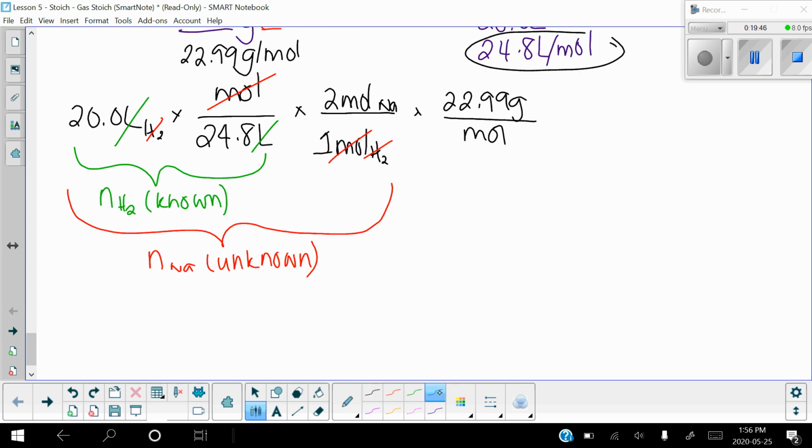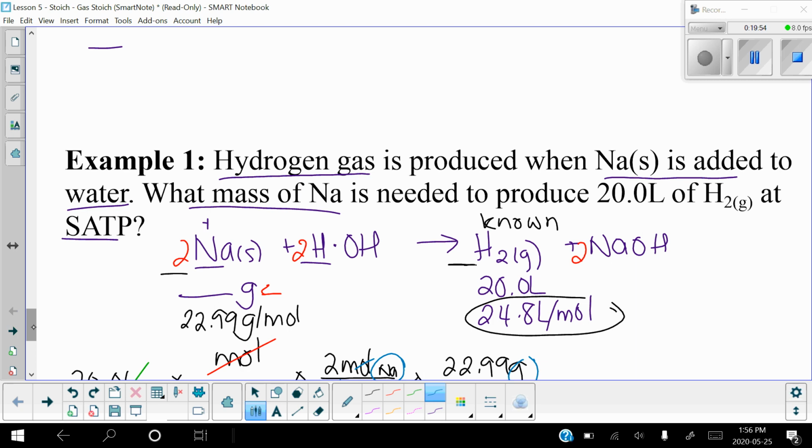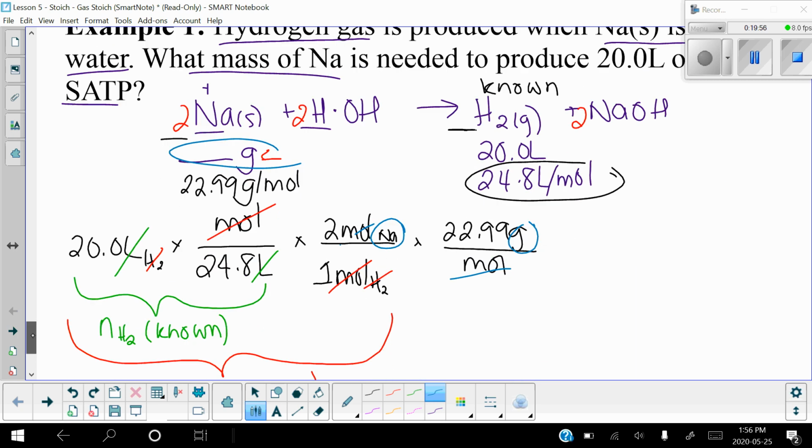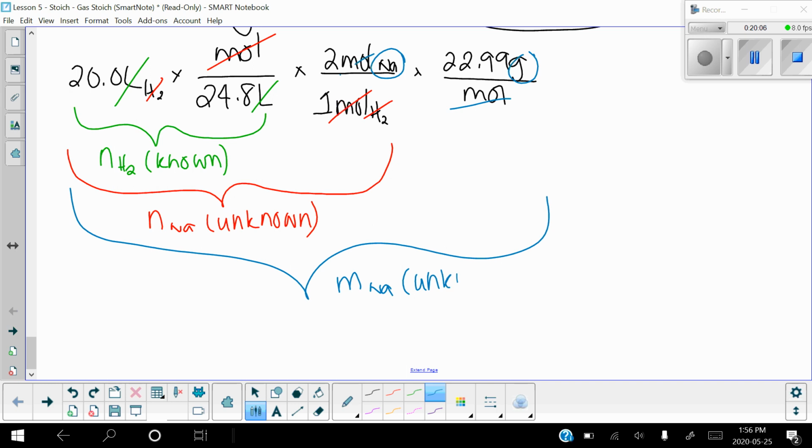Okay, so let's see what cancels out. Mole cancels out with moles, and I'm left with grams of sodium. Perfect, that's what we are looking for. So now from here to here, I have mass of sodium, which is my unknown.